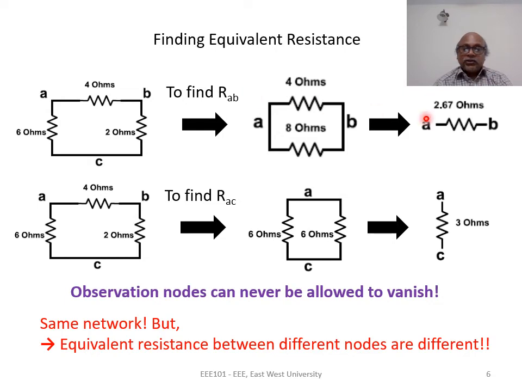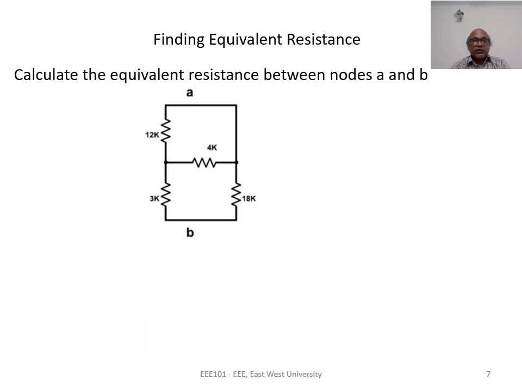If we look at these two results, the original network is the same, but we get two different results by making two sets of observation nodes. How we look, where we look, makes the resistance different. Okay, let's look at another circuit.